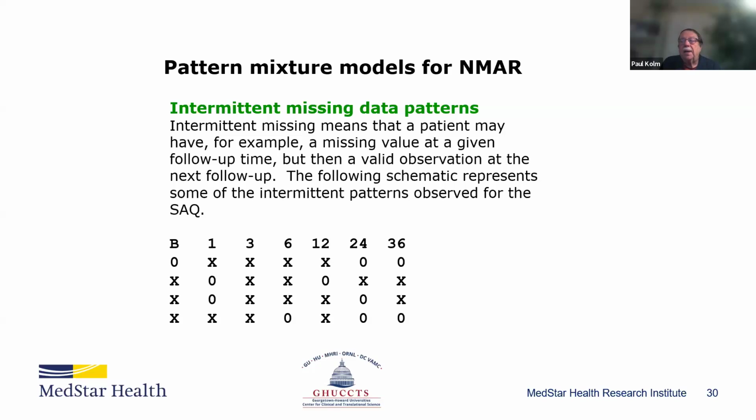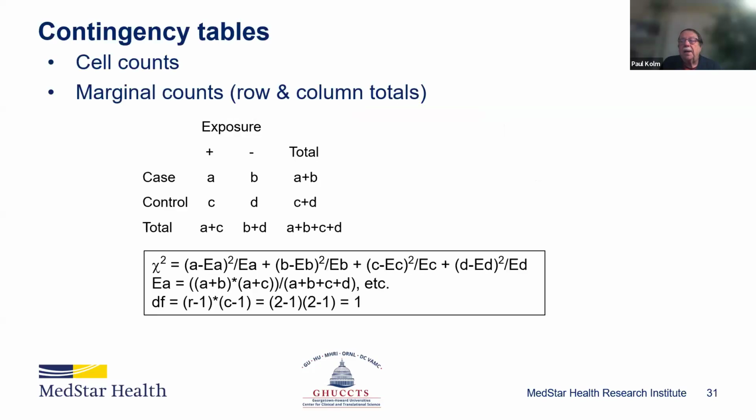I'm not going to take time to go into the other non-missing-at-random ways of imputing data. They actually get fairly complicated anyway. But I want to talk about imputing data from contingency tables that are cell counts.